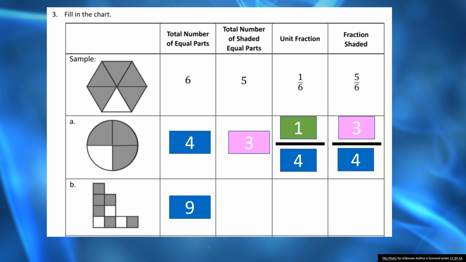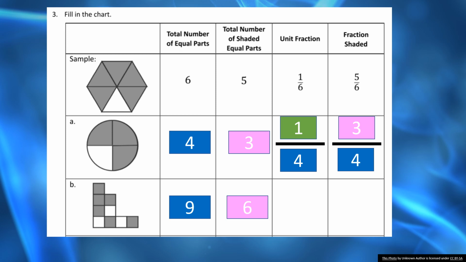There are 9 equal parts that make up the model in letter B. Now we need to count how many of those little pieces are shaded. If you said 6, you're absolutely correct. 6 of those pieces are shaded.